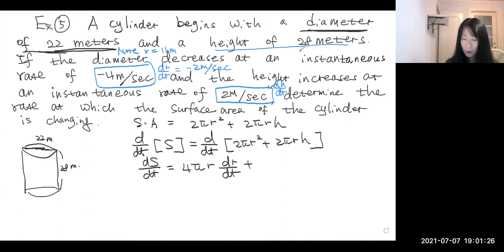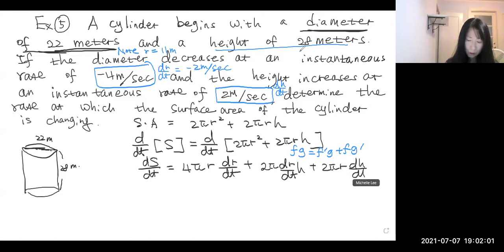So we're going to use the product rule, f prime g plus f g prime. So we have 2 pi dr over dt times h, I'm sorry, missing h, and plus the second term, f, 2 pi r, then g prime, what do you get? dh over dt, excellent, okay?